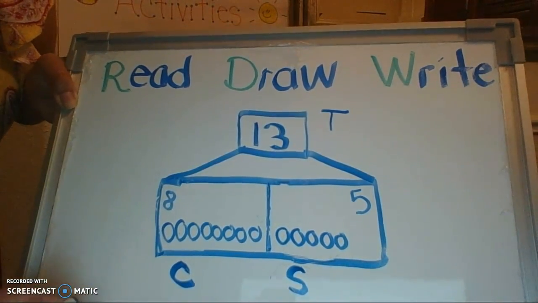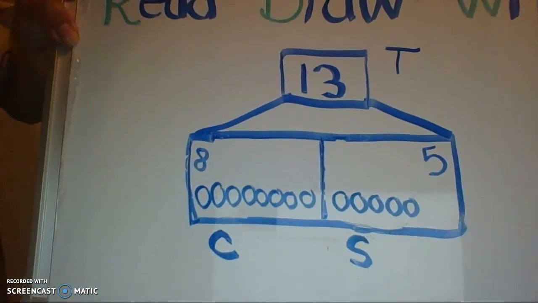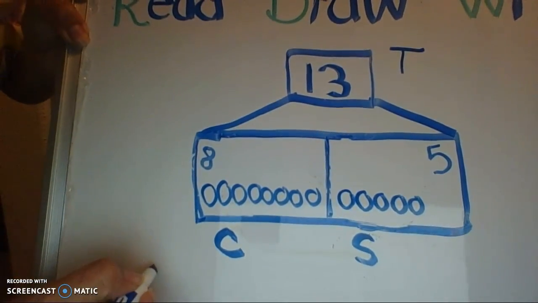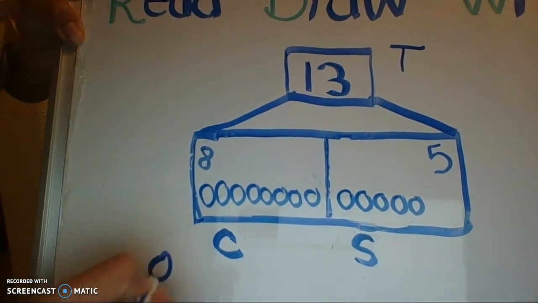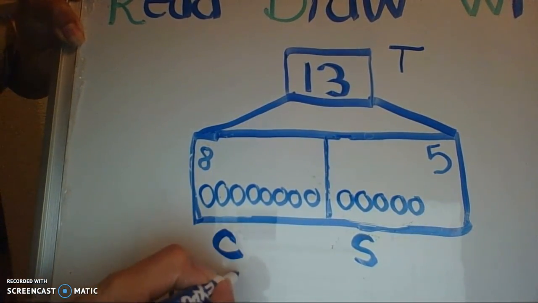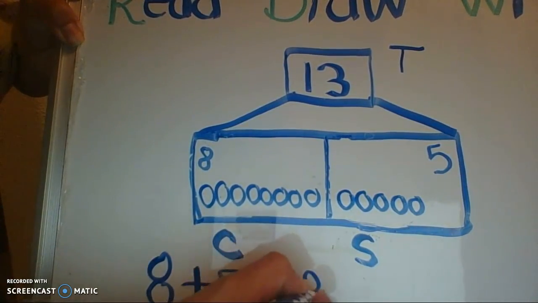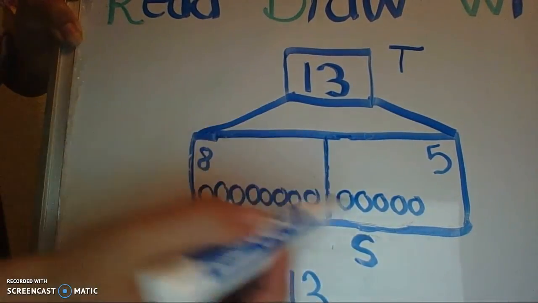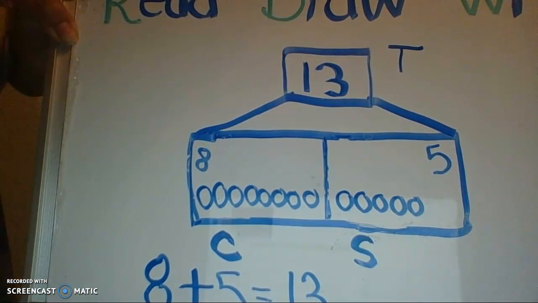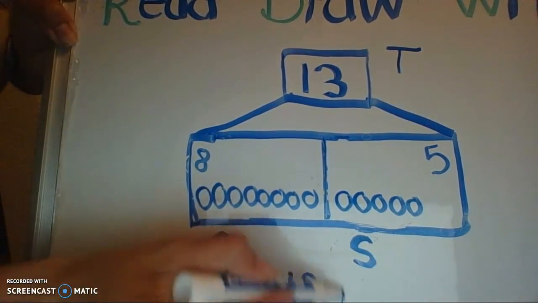Now I'm going to write my number sentence. So this is going to read 8 plus 5 sugar cookies gives me 13. And I counted all of them to verify that I have the right answer. 13. All right, boys and girls.